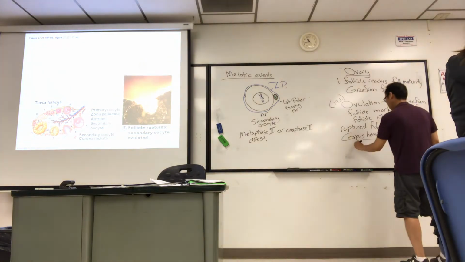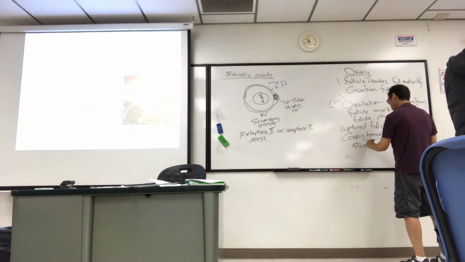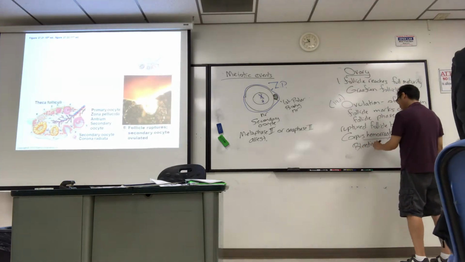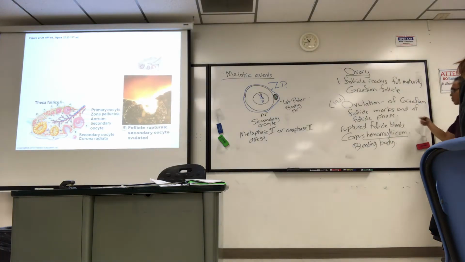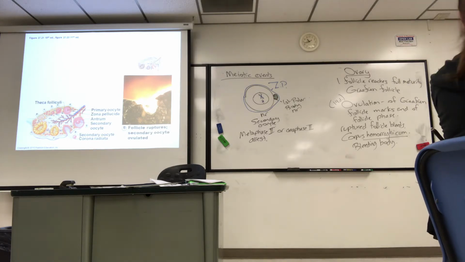My feelings won't be hurt if you just call it a bleeding body. Hemorrhagicum is kind of a handle. That's what it means. Because that ruptured follicle has ruptured along with the ovary. It bleeds, and it is actually transformed into something called the corpus luteum. Well, you already know what that is. It's supposed to be on this morning's quiz.